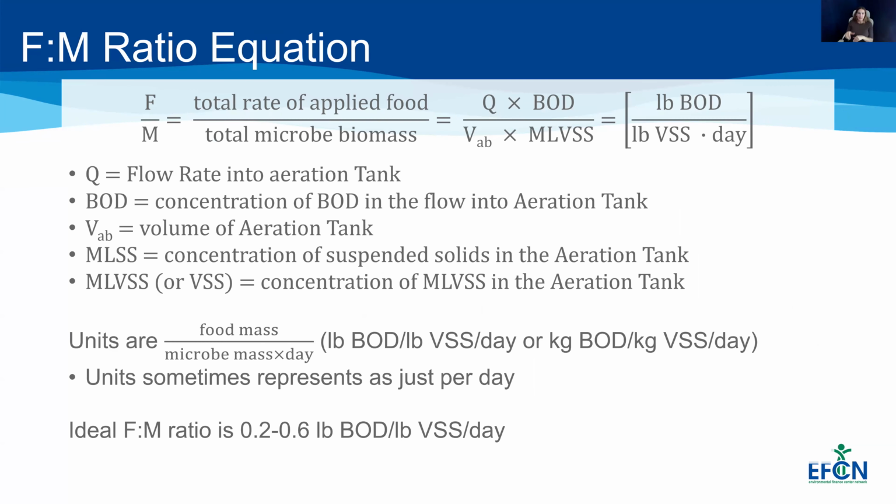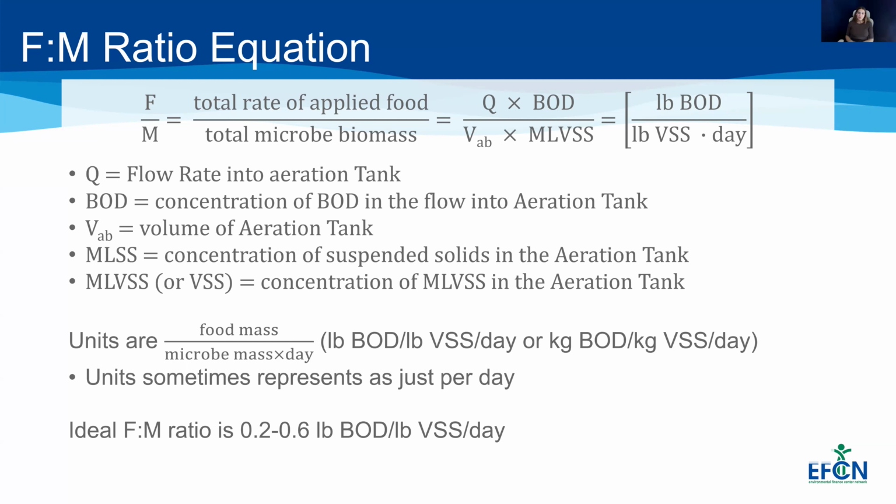Now, the way that we typically calculate this looks something like this. It's the total rate of applied food, which is a flow times our BOD, over the total microbe biomass, which is the volume of our biological reactor and the concentration of our MLVSS.